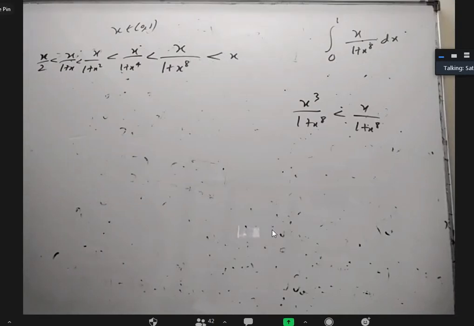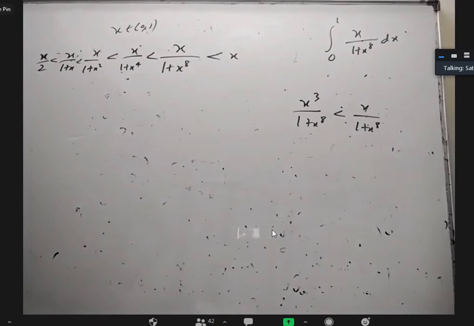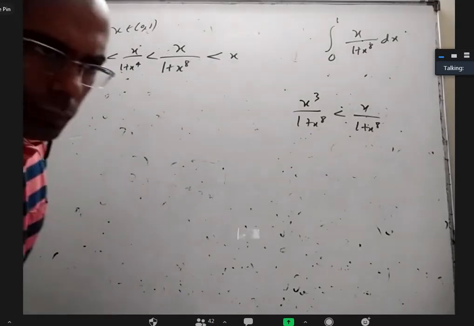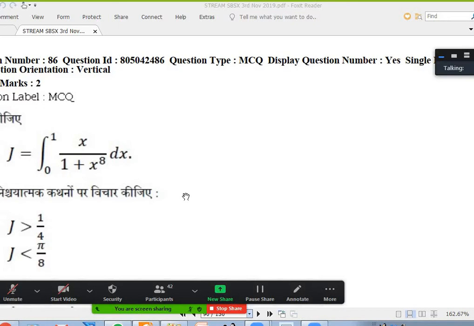Less than 1, no doubt, but I want to get something further. So my J will be greater than pi by 8. This is good enough for me, but I want to prove it.